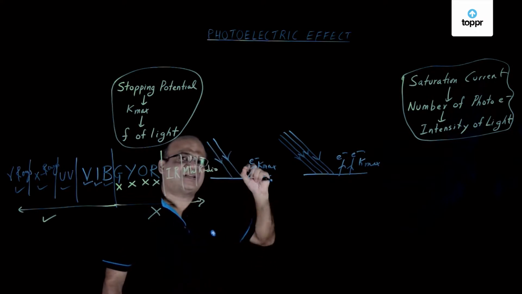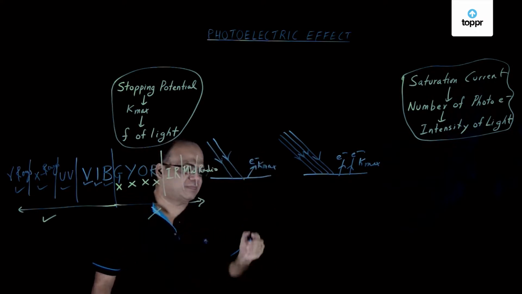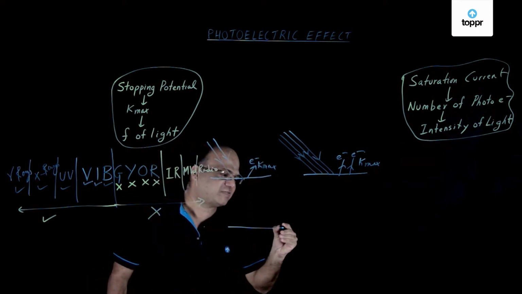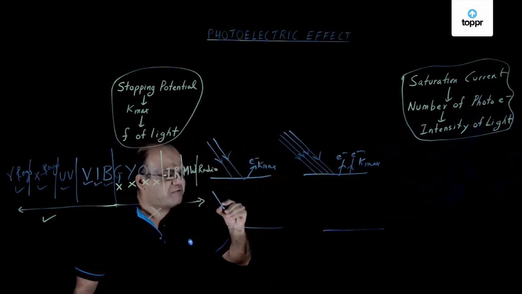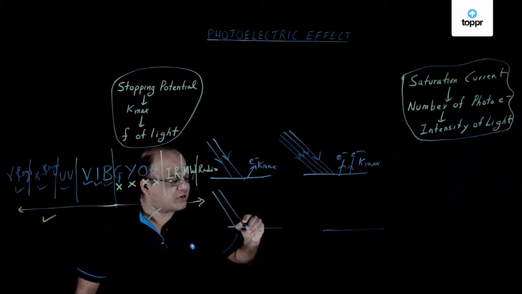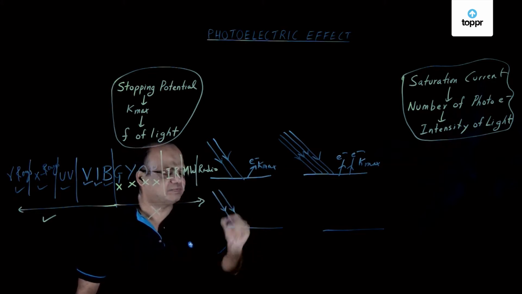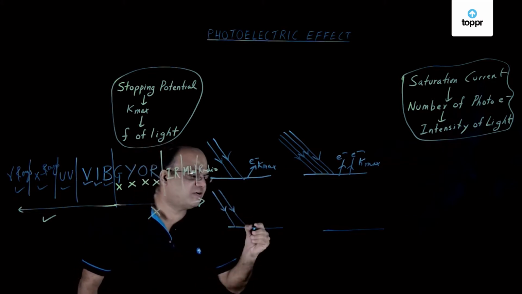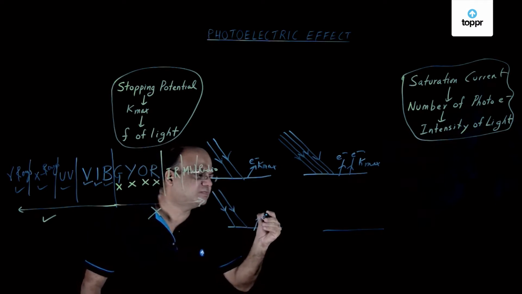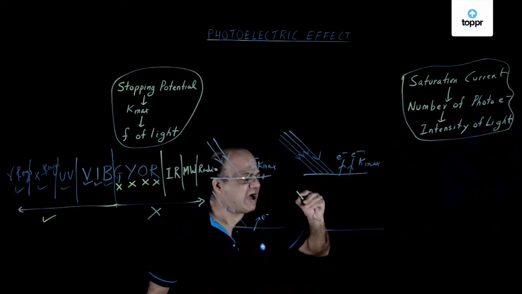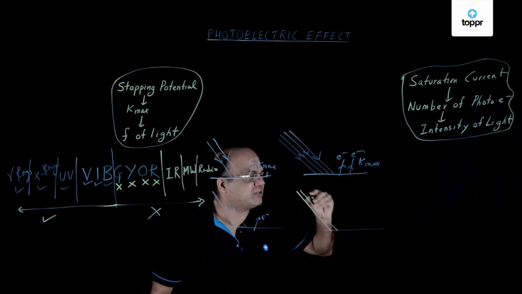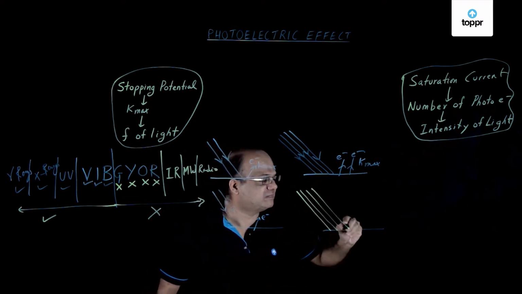Now let us look at the second problem. This is the same surface, same metal. A very low intensity blue light is falling on this surface. Electrons happily come out. A high intensity green light is falling on the same metal surface.